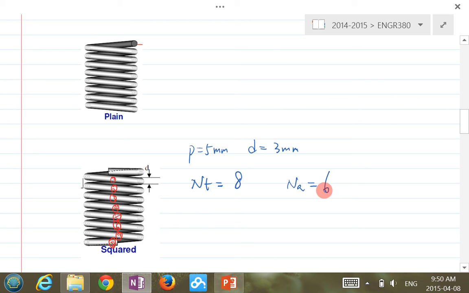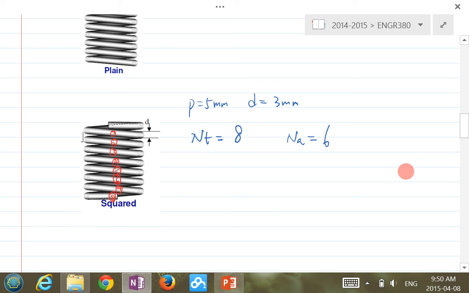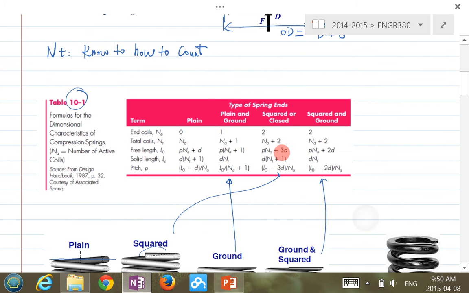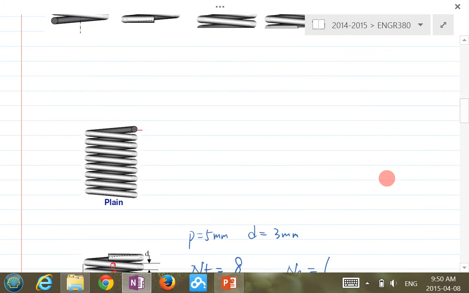Essentially, when it's squared or closed, that last coil doesn't have the capability of deflecting anymore. So the active number of coils is the total number of coils that can flex, giving you the stiffness essentially. Okay, yeah. Then LO, the total free length, according to the formula, is P NA plus 3d.